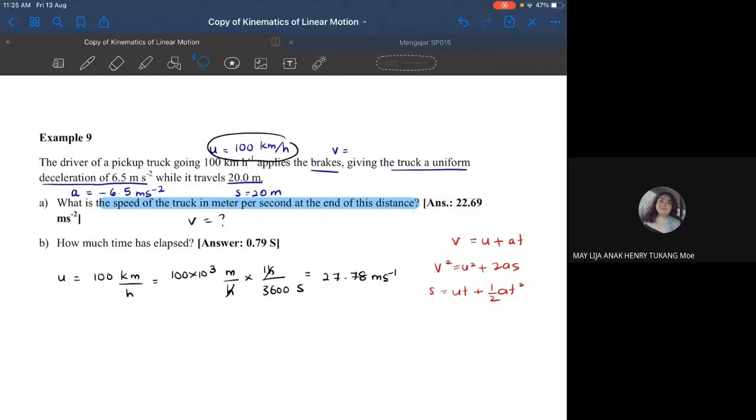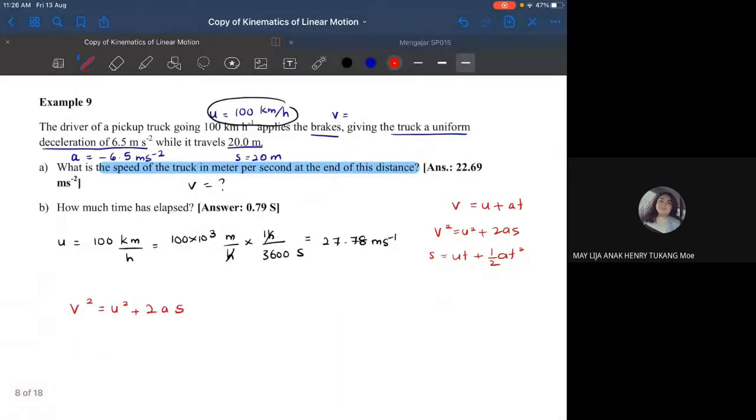Okay, so I think we can use, kita tak ada time kan? Kita tak kasih time. So apa-apa formula ada time tak boleh gunalah. So ni tak boleh guna. Yang ni tak boleh guna, yang ni tak boleh guna. So I think kita akan guna this one lah. Okay, itu V square is equals to U square plus 2AS.